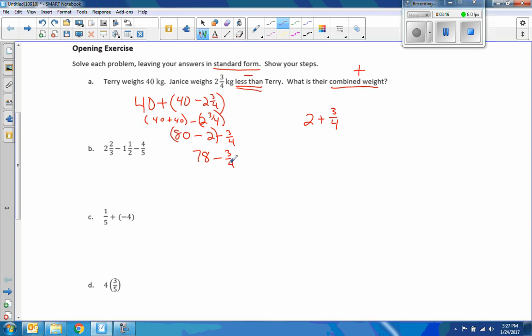Well, 78 is 1/4 less than... 3/4 is 1/4 less than 1, so 78 minus 1 is 77, and we would have that quarter remaining. So 78 minus 3/4 is 77 1/4. It said their combined weight, so it is 77 1/4 kilograms.